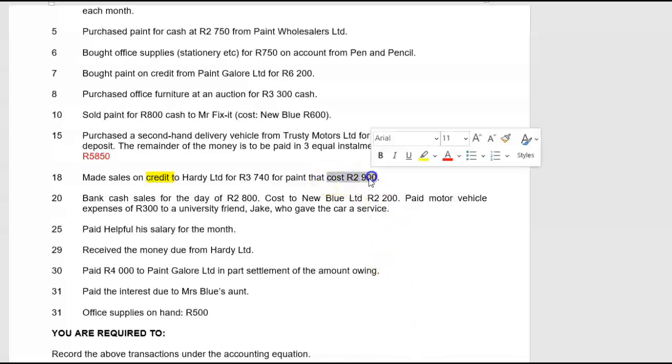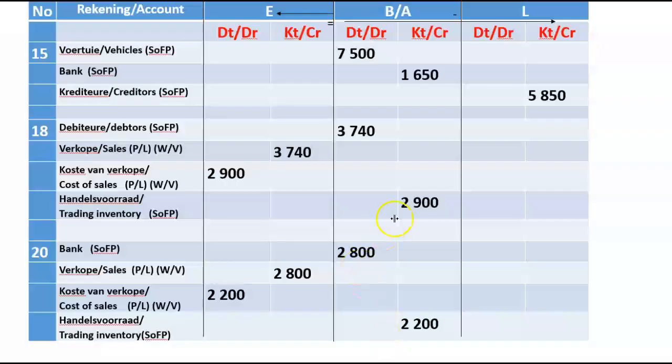The cost of sales was 2,900 Rand. So we don't have inventory of 2,900 Rand anymore, so we have to reduce our asset trading inventory, statement of financial position, on the credit side, 2,900, and we have to create an expense account. We don't have it anymore. We have sold it, so we're going to debit equity. It's an expense account, cost of sales, profit or loss, 2,900 Rand.